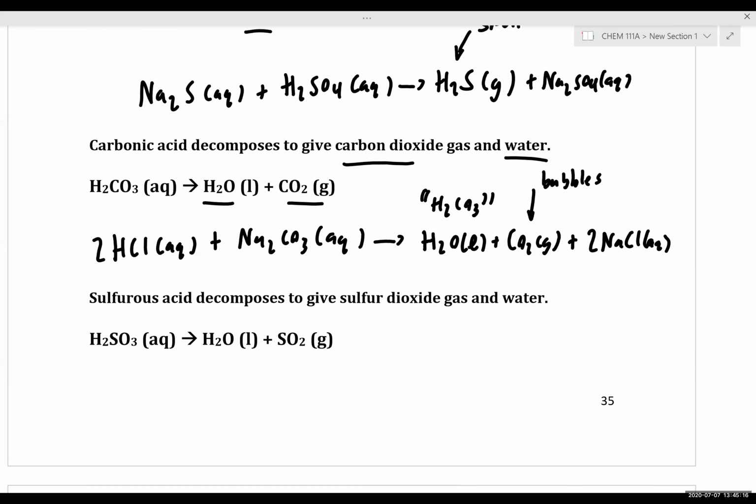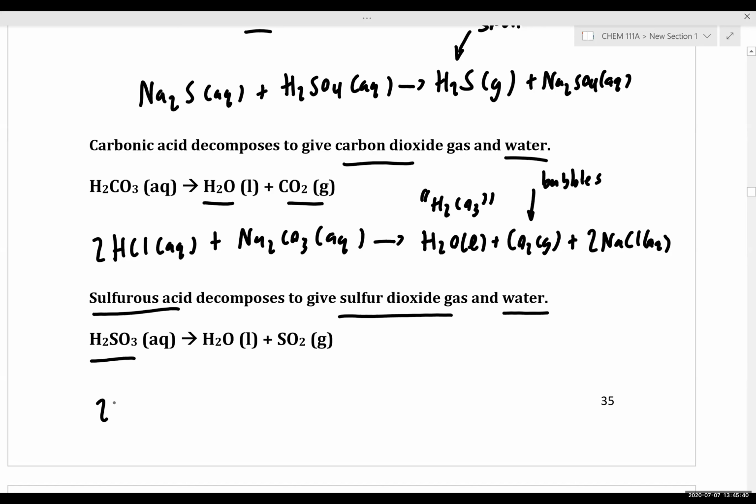Another example of a decomposition reaction is that sulfurous acid, H2SO3, decomposes to yield sulfur dioxide gas and water. And in fact, the distinct smell of sulfur dioxide allows you to detect sulfite salts via treatment with acid.